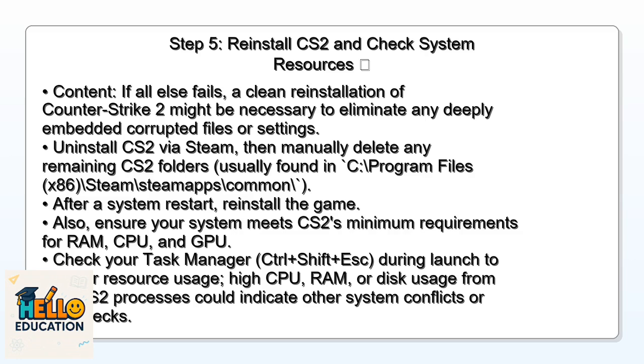Reinstall the game. Also ensure your system meets the minimum requirements for RAM, and check your Task Manager during launch to monitor resource usage. High RAM or disk usage from non-game processes could indicate other system conflicts or bottlenecks.